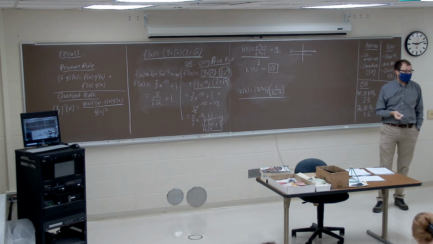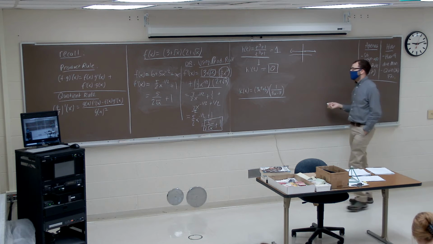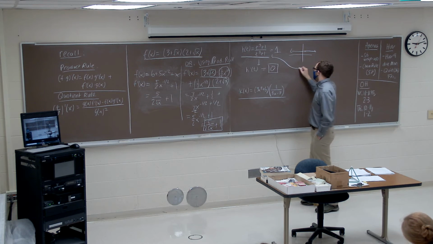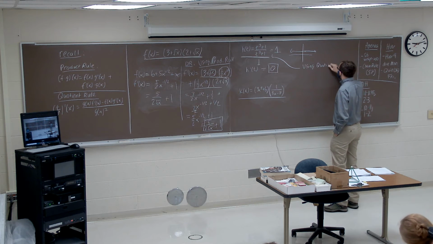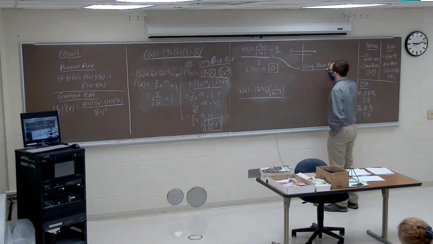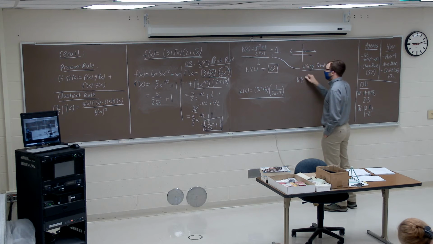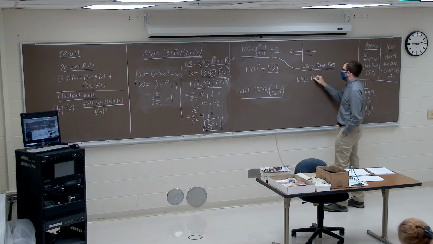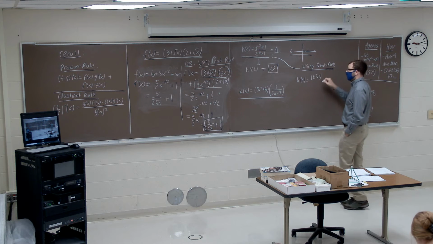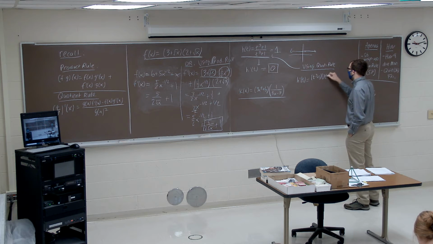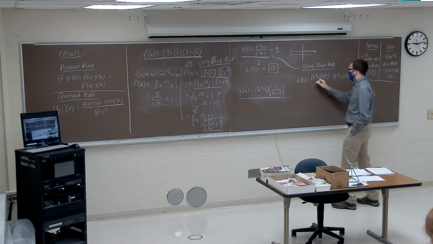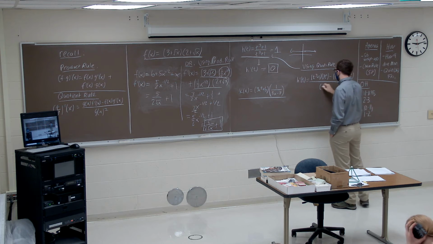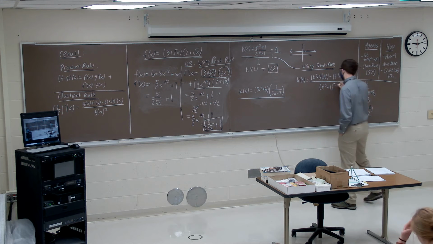Alternatively, you could have used the quotient rule to help you differentiate this. And if you did that, you would get something like t cubed plus 1 times 3t squared minus t cubed plus 1 times 3t squared all over t cubed plus 1 quantity squared.